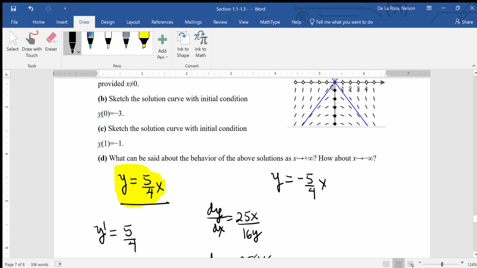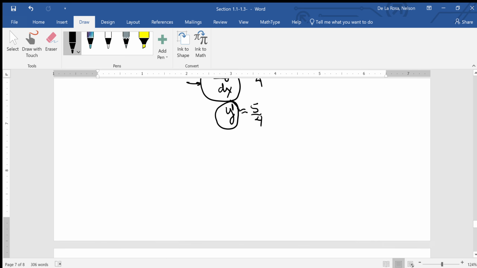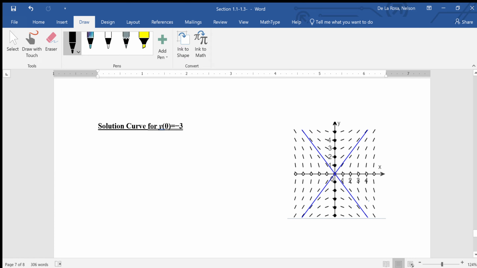Now, in part B, we have to sketch the solution curve with initial condition y at 0 equals -3. So this point is equivalent to (0, -3). What point is (0, -3)?